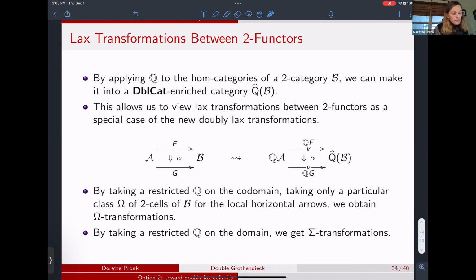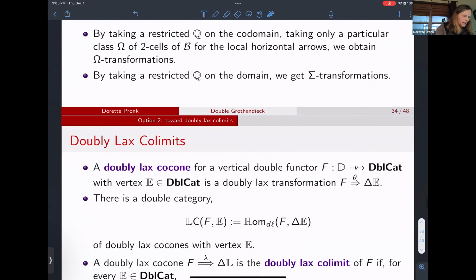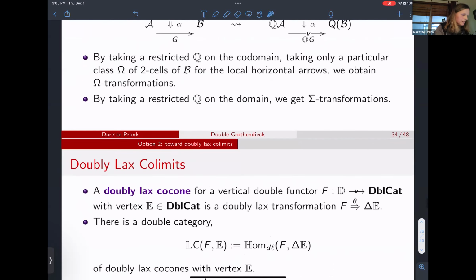If I restrict the Q on the domain, then I can get what we call the sigma transformations that also had occurred yesterday in John Burke's talk. And we can combine the two, of course, as well.